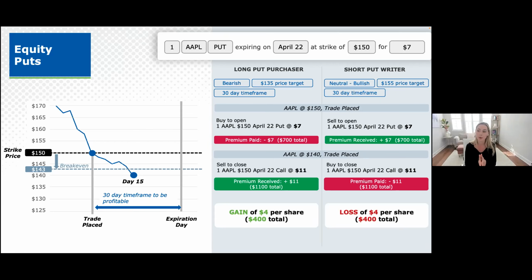And remember, that's going to hurt me as the long option holder, something I could recoup if I sell to close now, and help me as the short option writer because that decaying asset will allow me to buy it back at a lower price. So in this scenario, if we were to close out our options and realize the gain or loss, the long option holder would make $400 and the short would lose $400.